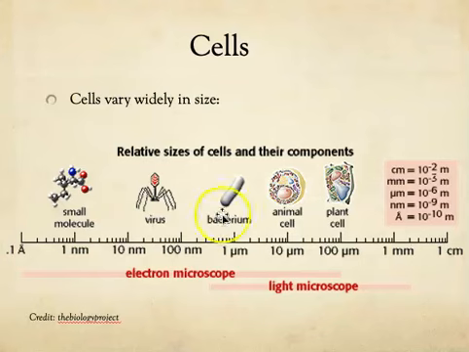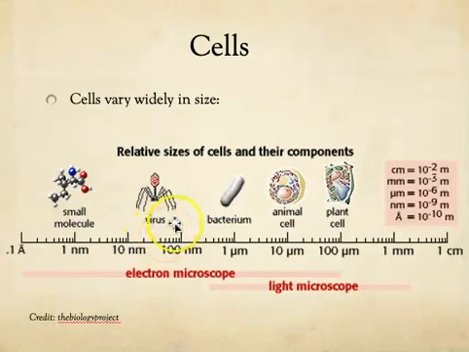Viral particles, it's important to note, are not cells. They do not meet a definition that we're going to discuss for cellular life. Viral particles are not technically alive. They simply do not meet the definition for a living thing.